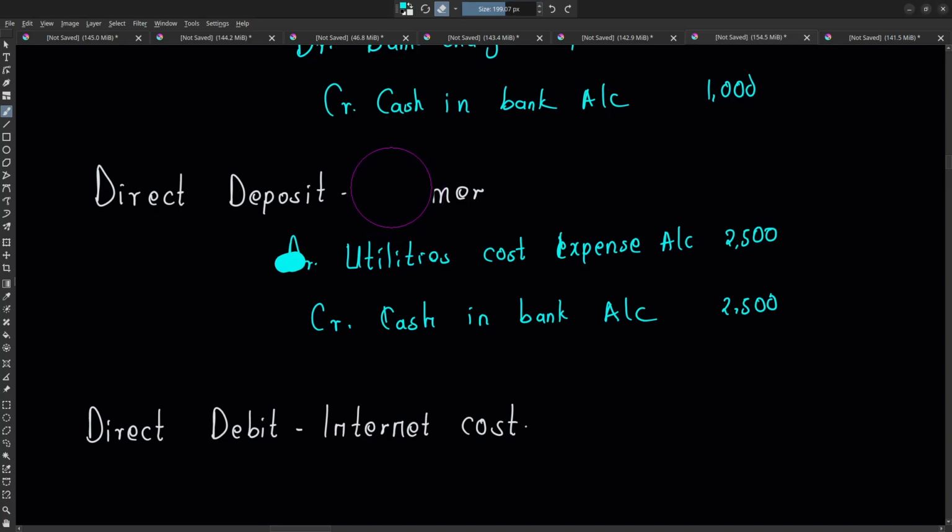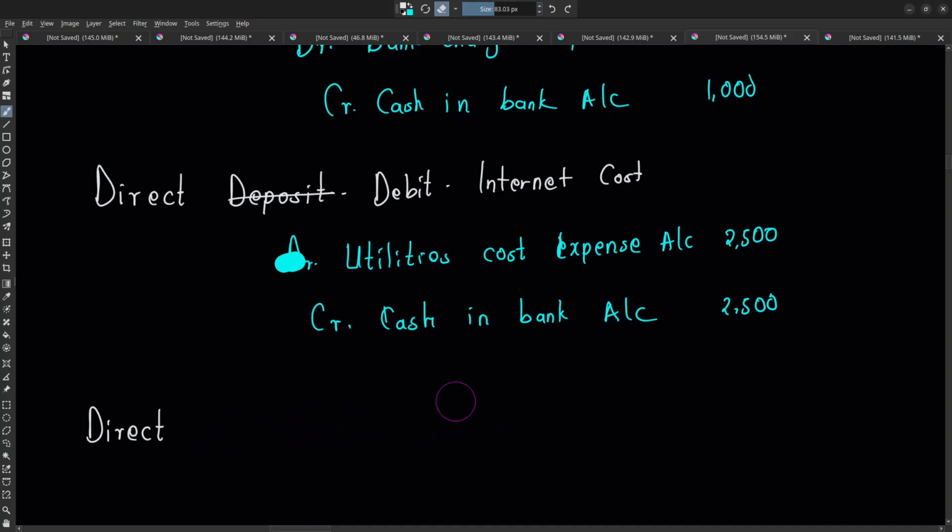Let me just correct this. So here we have direct debit for internet costs, and then here we have customer direct deposit from the customer.